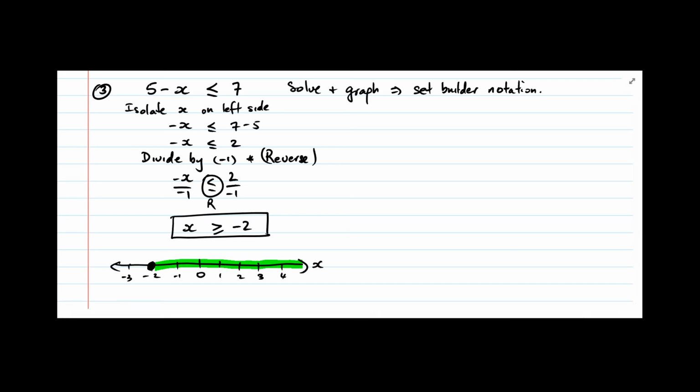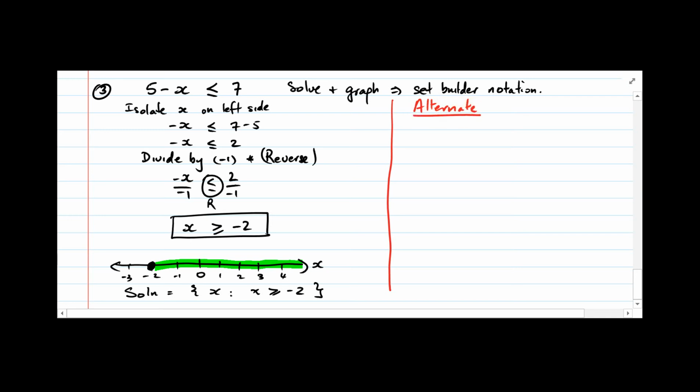The set builder notation for my solution would be written as the set of x such that x is greater than or equal to -2. Because we're going to be working in real numbers mostly, I will drop the x as a member of the real set.